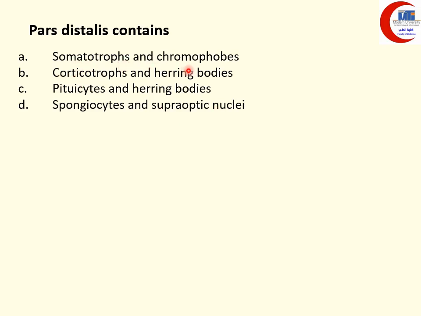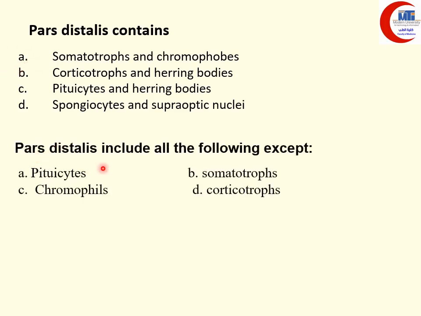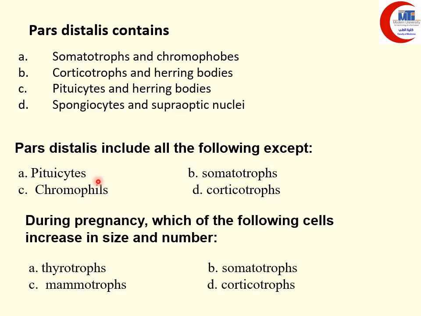The only cells present in pars distalis are somatotrophs and chromophobes, so the right answer is letter A. Pars distalis includes all the following except: pituicytes, chromophils, somatotrophs, corticotrophs. We studied all these cells, but the pituicyte is in the posterior pituitary. So the pituicyte, letter A, is the right answer.